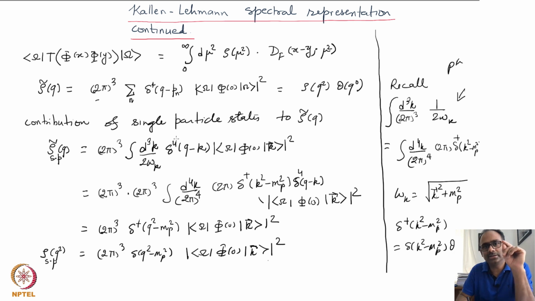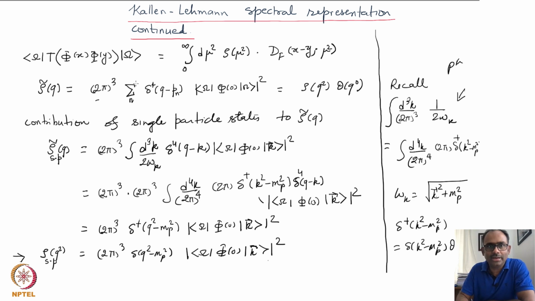Delta of q0 minus k0, delta of q1 minus k1, delta of q2 minus k2, and delta of q3 minus k3. So 4 delta functions and an integral over 3 variables, dk1, dk2 and dk3, and that leaves behind one delta function, and that is what you are seeing there in the final result.